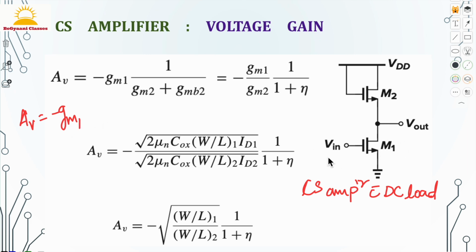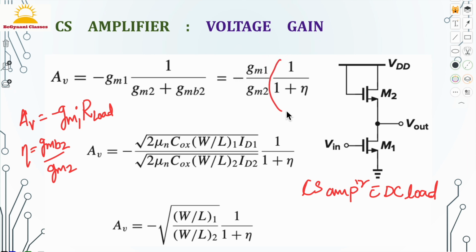Because we are giving input to M1. The load impedance is 1 upon gm2 plus gmb2, of the M2 device. Let's take out gm2 as common. Eta is the factor, given by gmb2 upon gm2. So the voltage gain is minus gm1 upon gm2 and this factor, 1 upon 1 plus eta.